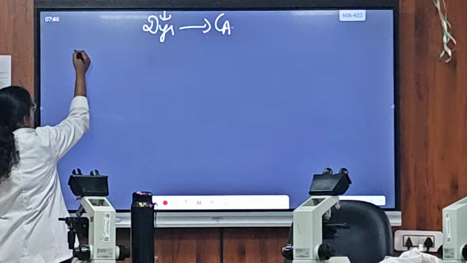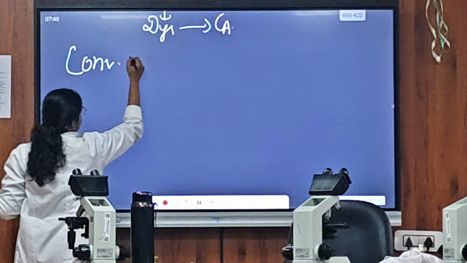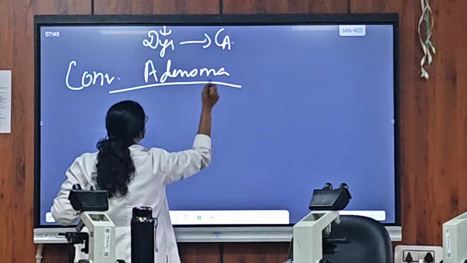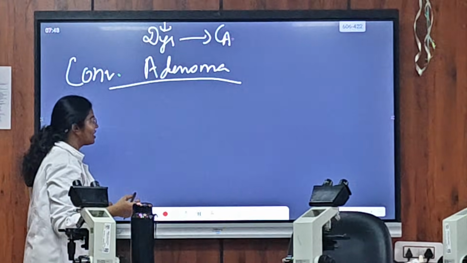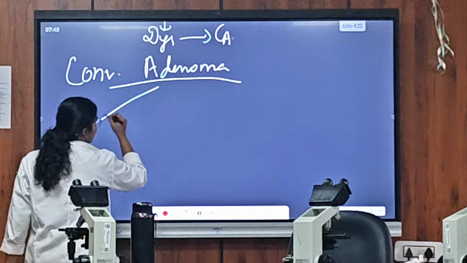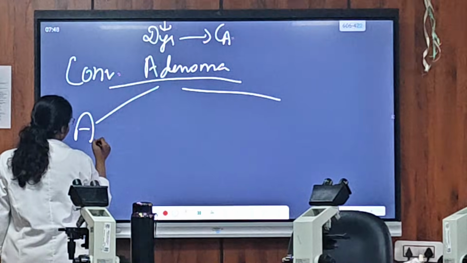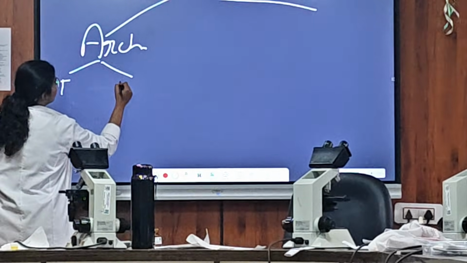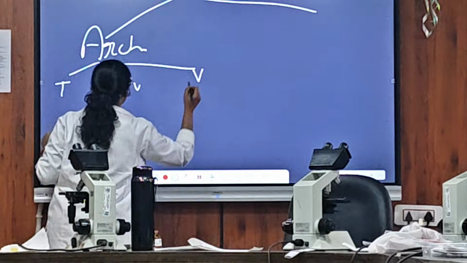And lastly, in the precursor region, we have conventional adenoma, which is the actual adenoma. This is a neoplastic proliferation of colorectal epithelium, and it can be divided according to two things: architecture, in which we have tubular, tubulovillous, and villous architecture.